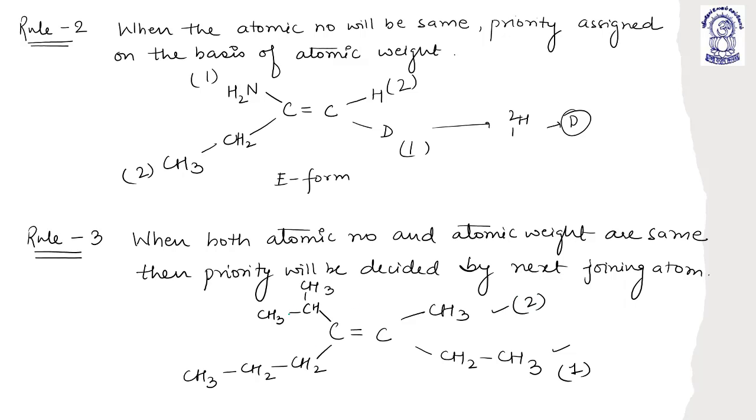Understood? This carbon attached to the stereogenic carbon has two other carbons directly attached to it, and this carbon has two hydrogens and only one carbon attached. So it is more prior. It is also the E form. Understood? This is rule number 3.